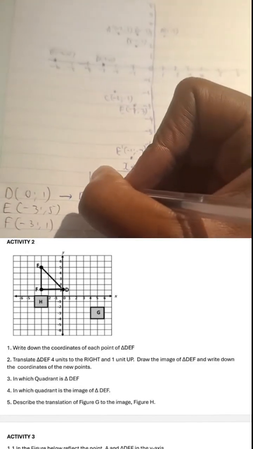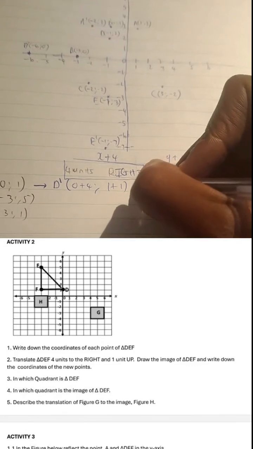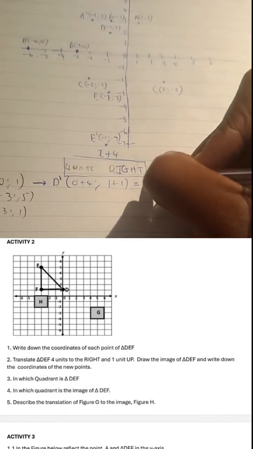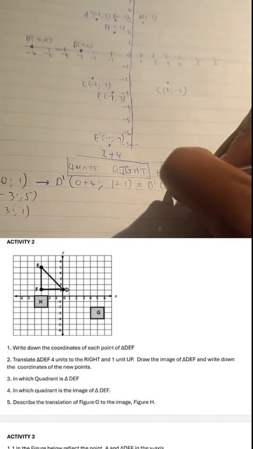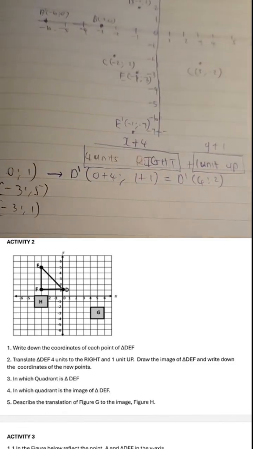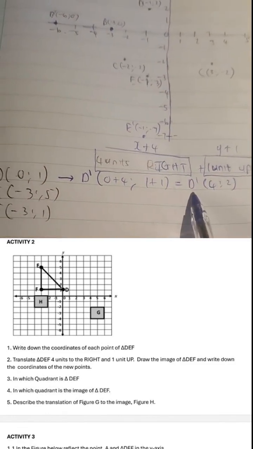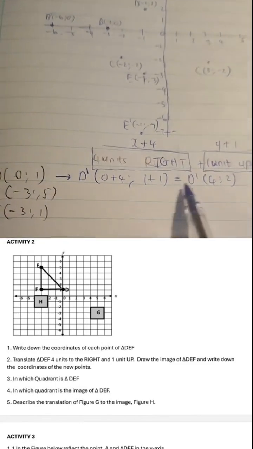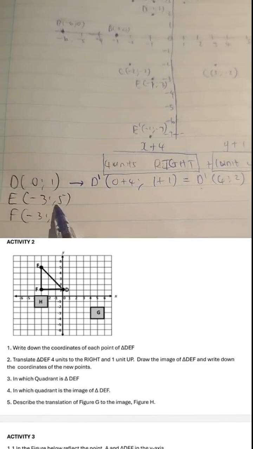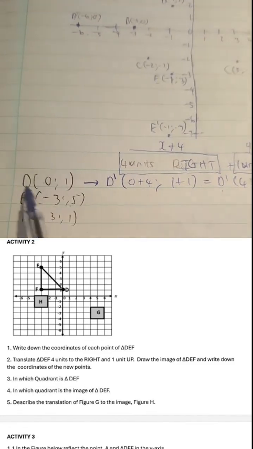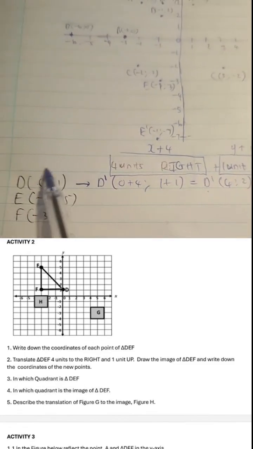So that means our image, sorry, I forgot that important point, will actually be 4 and 2. That is our new image of D. Quite straightforward, but also very much dependent on our right identification of the point.